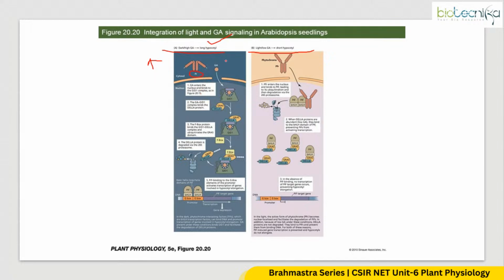Gibberellic acid will enter the nucleus and bind to its corresponding receptor, GID1. Then they will add ubiquitin tags to the GRAS domain of the DELLA protein, because DELLA is their repressor. The F-box element will add the tags and discard it into the dustbin. Who is the dustbin here? 26S proteasome-mediated degradation.